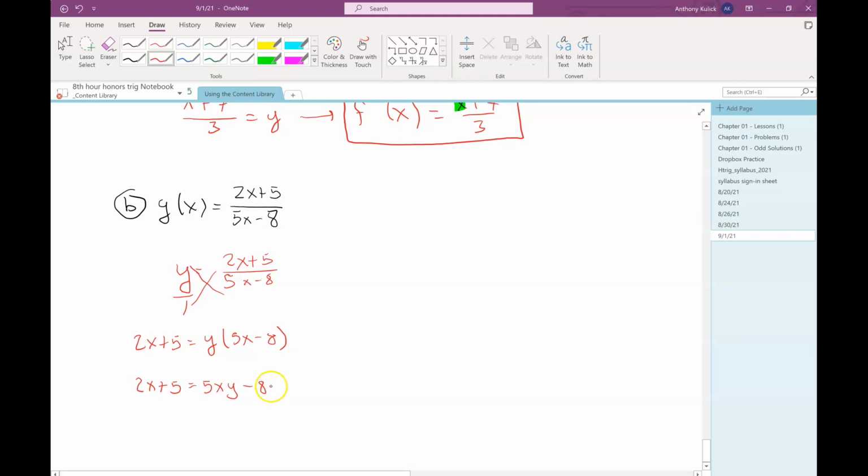Oops, 8y. And now I'm going to move the stuff with x's onto one side and the stuff without x's onto the other. So I'll subtract 5xy from both sides, and then subtract 5 from both sides.